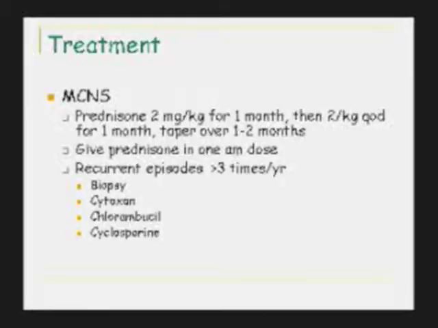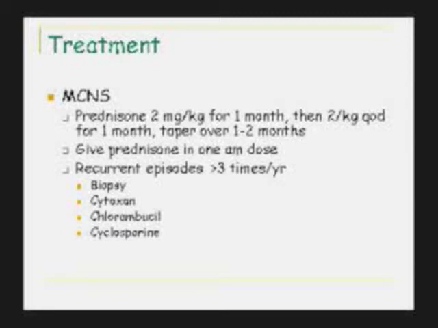If you keep having episodes in spite of being treated with prednisone, so you're treated with prednisone and then either as it's tapered or right after it's stopped, you have another episode, then you definitely need a biopsy to see: is this minimal change disease or is it focal sclerosis or something else? And then consider other drugs, including Cytoxan, chlorambucil.